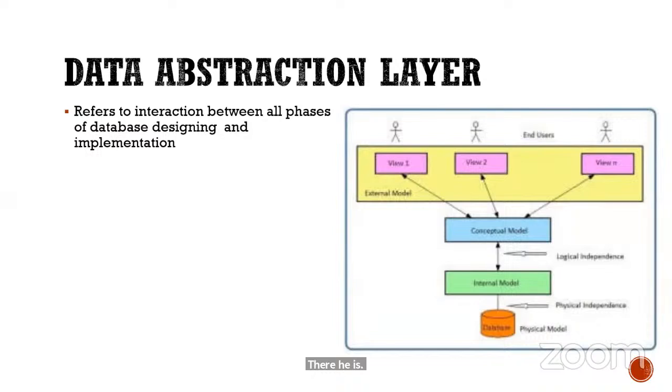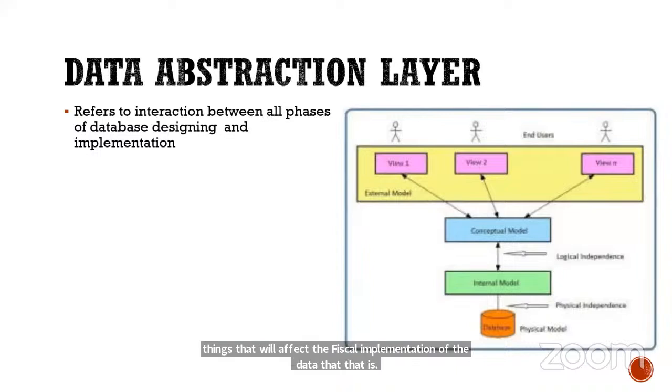As I've said, under the physical model, there's a low degree of abstraction, and you have to consider so many things that will affect the physical implementation of the database. Imagine, I believe that everybody here has a bank account. Yes or no?